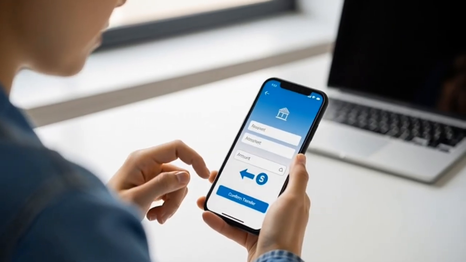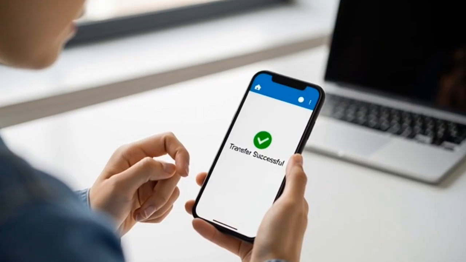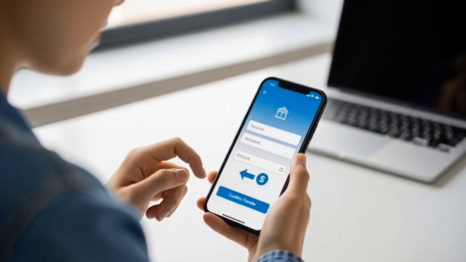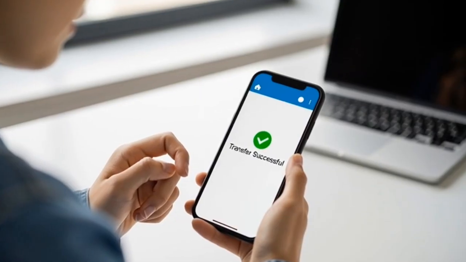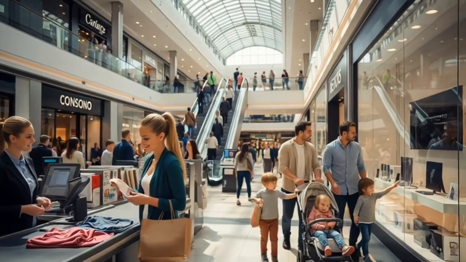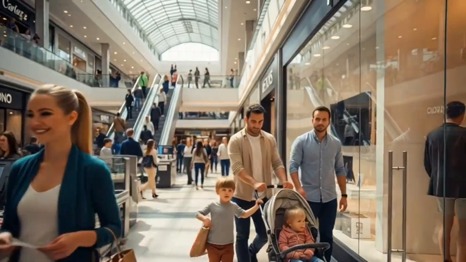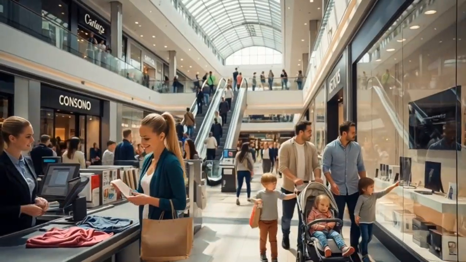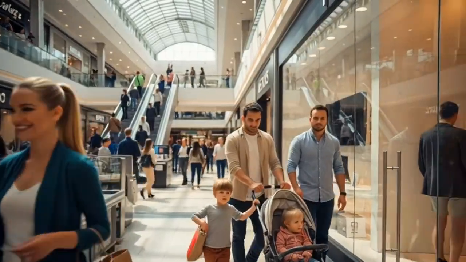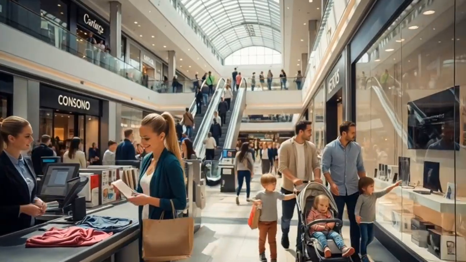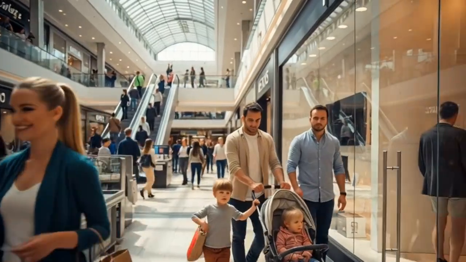Picture your house. M1 is the cash in your pocket and the money in your main checking account. M2 is that plus the money in the nearby drawer labeled savings, short-term reserve, don't touch unless necessary, or vacation fund that inflation keeps nibbling on like a goat with a grudge. It's still your money. It's still relatively liquid, but it's not always sitting in the exact form you use at the cash register this second.